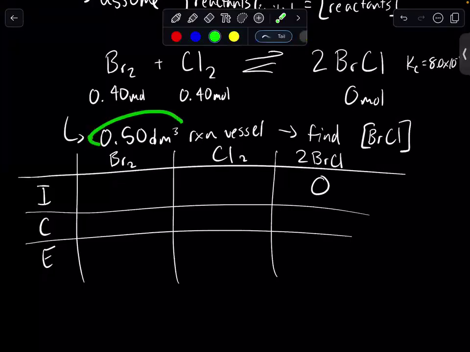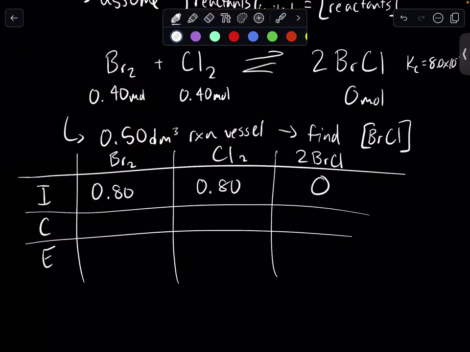Now, in this case, we do not have a 1 decimeter cube reaction vessel, so we're going to have to find our concentration. 0.4 divided by 0.5 gives us 0.80 mole per decimeter cubed concentration for each. So we have to account for the fact that our reaction vessel is not an even value. All right, from there, we know that we are losing x, and gaining 2x.